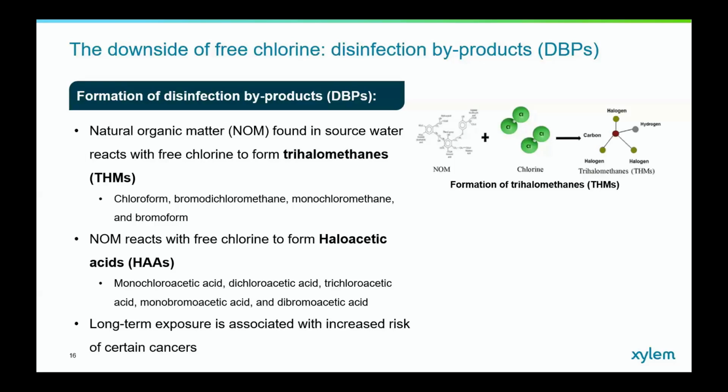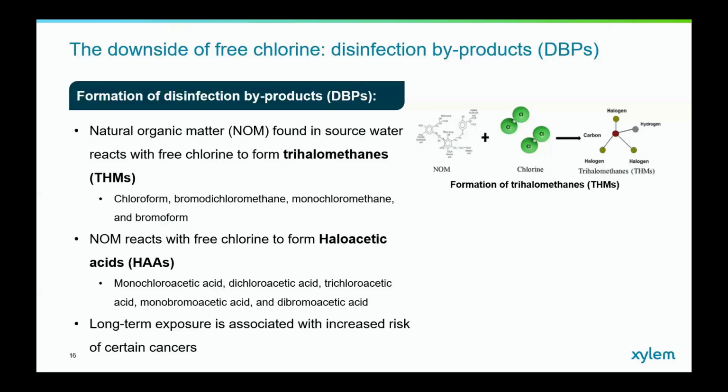The natural organic matter that might be found in source water, particularly the humic and fulvic acids, react with free chlorine to form trihalomethanes. Additionally, if the source water contains bromide, it will be oxidized by hypochlorous acid to hypobromous acid in the presence of chlorine and form bromine-containing disinfection byproducts.